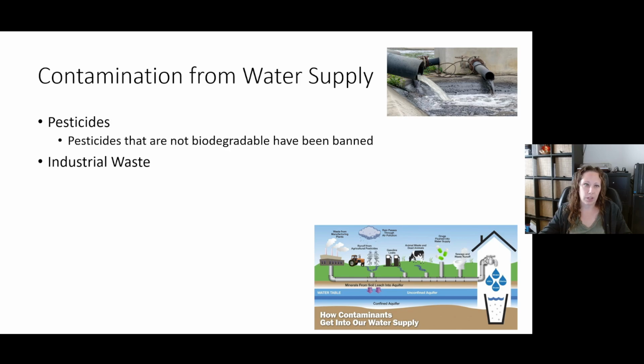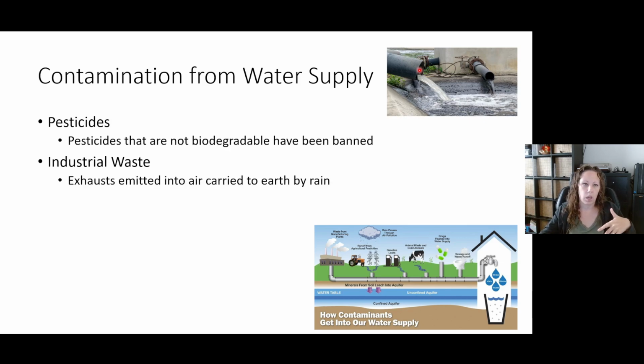Another source of contamination is industrial waste. Now, typically, when I've always heard the term industrial waste, this is what I'm thinking of: these pipes that are letting water out that is filled with chemicals, right? But that is not necessarily what industrial waste is, not even necessarily the main source.